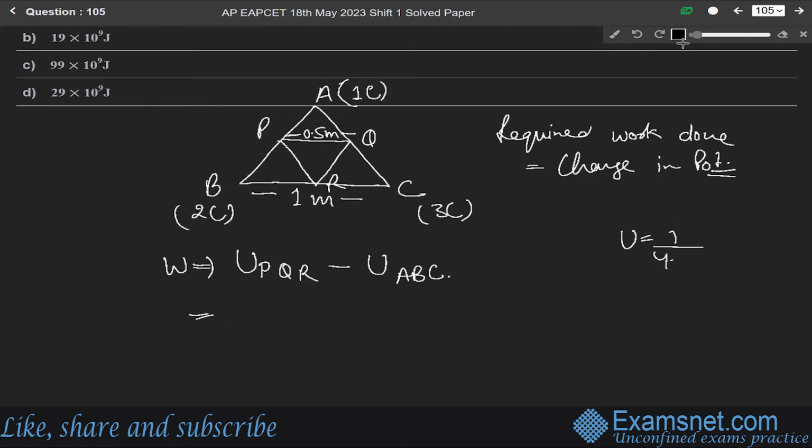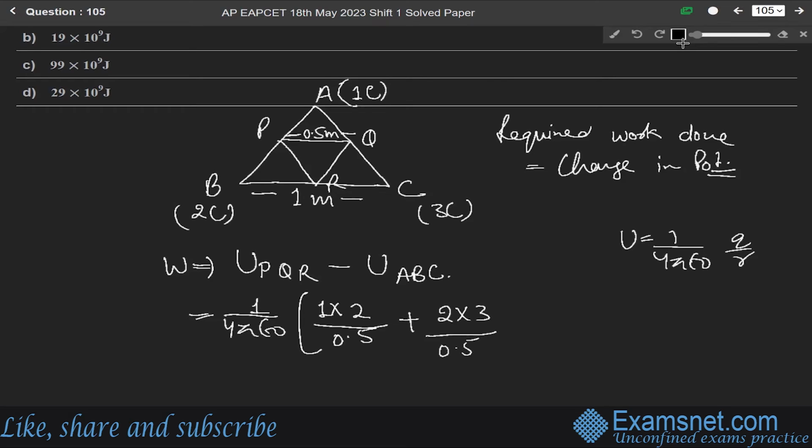We know that 1 over 4 pi epsilon naught Q over R. So putting the values, 1 over 4 pi epsilon naught, 1 into 2 over 0.5 plus 2 into 3 over 0.5 plus 3 into 1 over 0.5, meaning this is PQR. So we multiply 1 into 2, 2 into 3, 3 into 1.